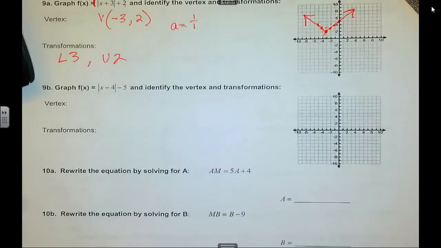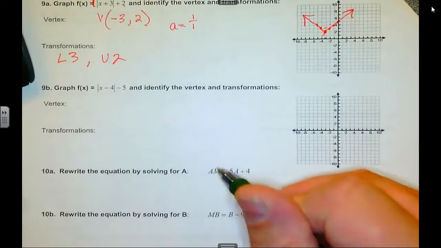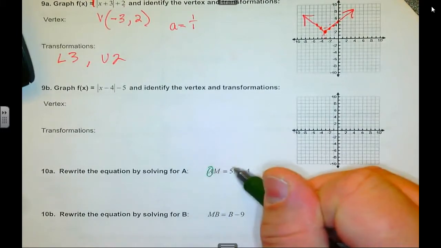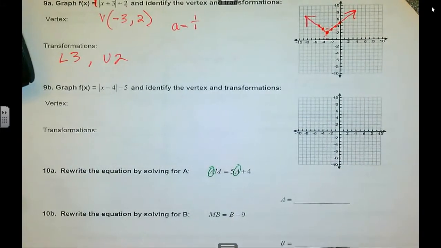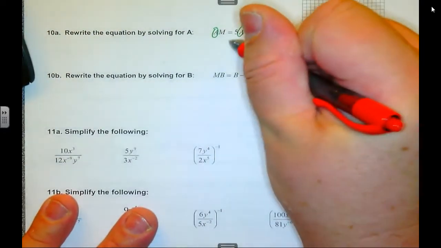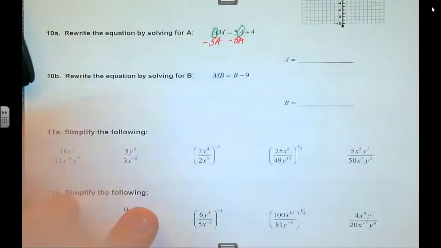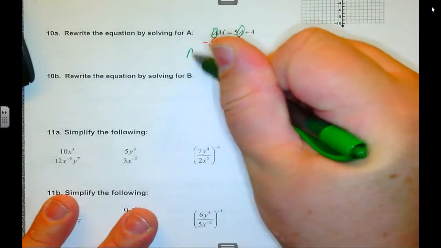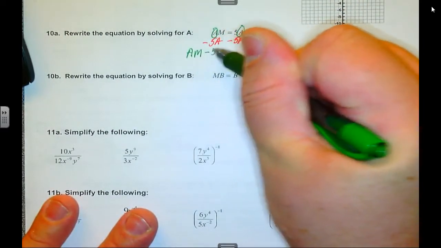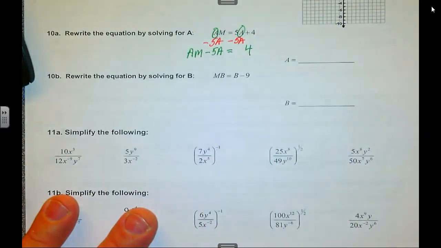Number 10A, students are still having problems with this. Solve for A. I have 1 there, 1 there. First of all, I got to get the A terms on one side. So I'm going to subtract 5A from both sides. So I have AM minus 5A equals 4.